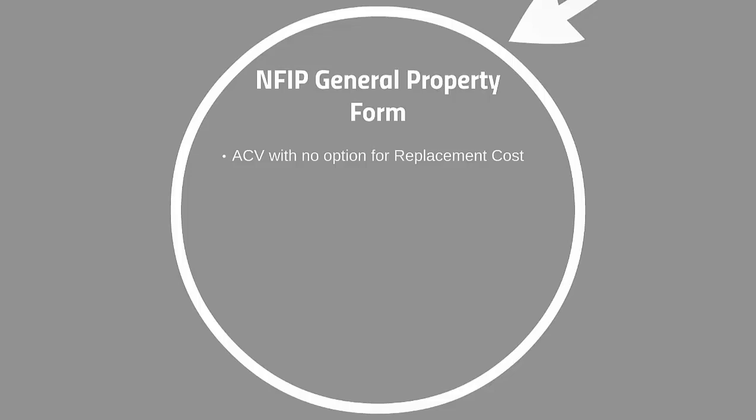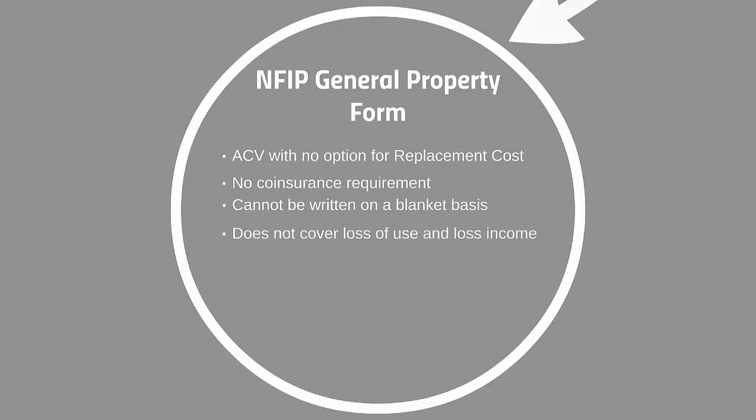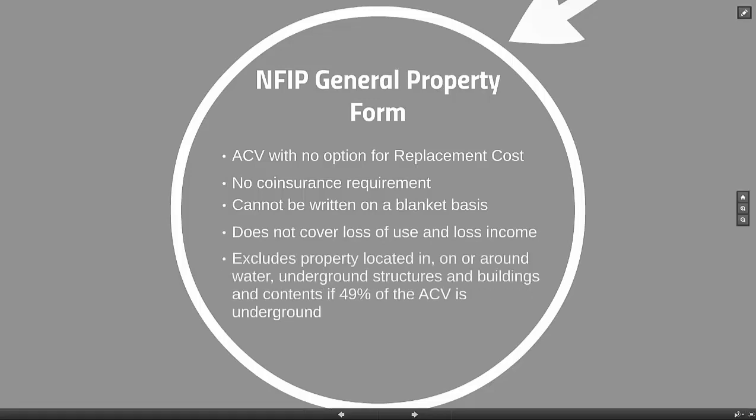With the NFIP General Property Form, property is valued at actual cash value with no option for replacement cost. There is no co-insurance requirement, and policies cannot be written on a blanket basis. The NFIP General Property Form does not cover loss of use or loss of income.